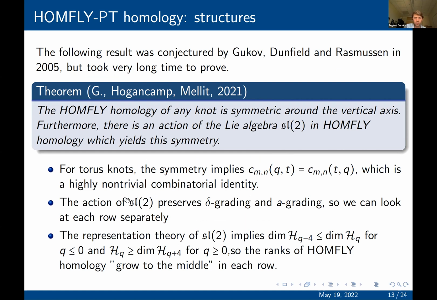More practically, this action of SL2 is acting horizontally. It preserves the delta grading. So in the previous pictures from this data set of Nakagane and Sano, you can just look at one single delta grading and focus on that. It also preserves the A grading, so SL2 acts in each row separately.